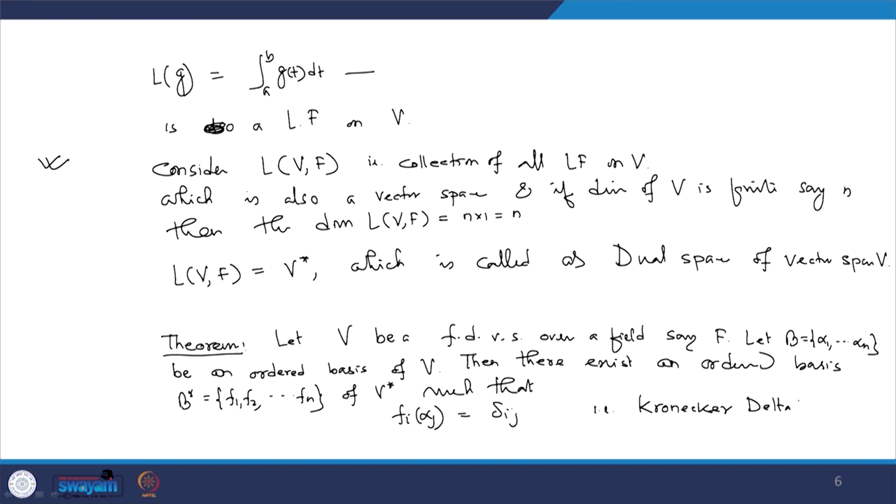So, this is equal to 1 if i equals j, and 0 if i is not equal to j.